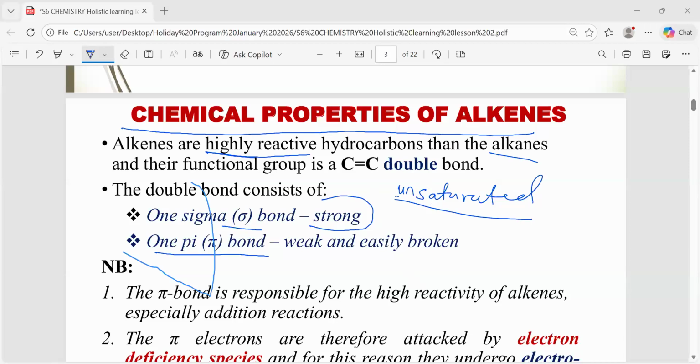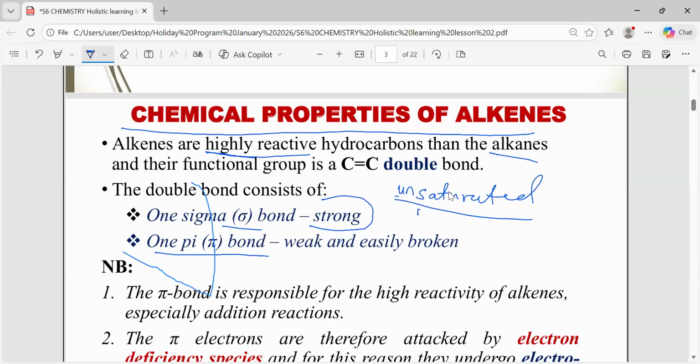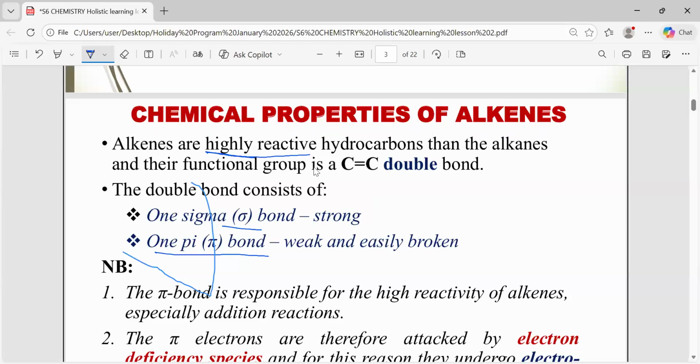I think the alkenes are more reactive than alkanes because when you look at the alkenes, they have a double bond. That double bond is made up of two bonds. One is sigma, another one is a pi bond.